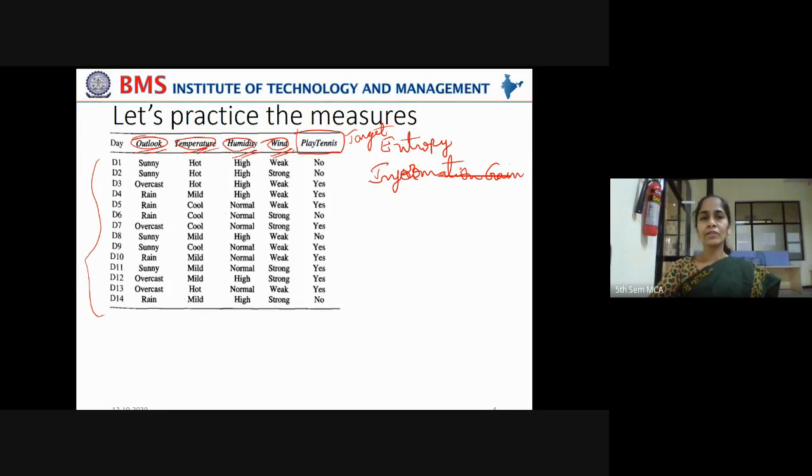Now the machine has to learn from these 14 training examples and it has to generalize to an unseen example. Generalizing well to an unseen example means if a new day's data is given with respect to outlook, temperature, humidity, and wind, it has to predict whether tennis can be played on that day or not, based on the experience it has derived from the training examples during the training process.